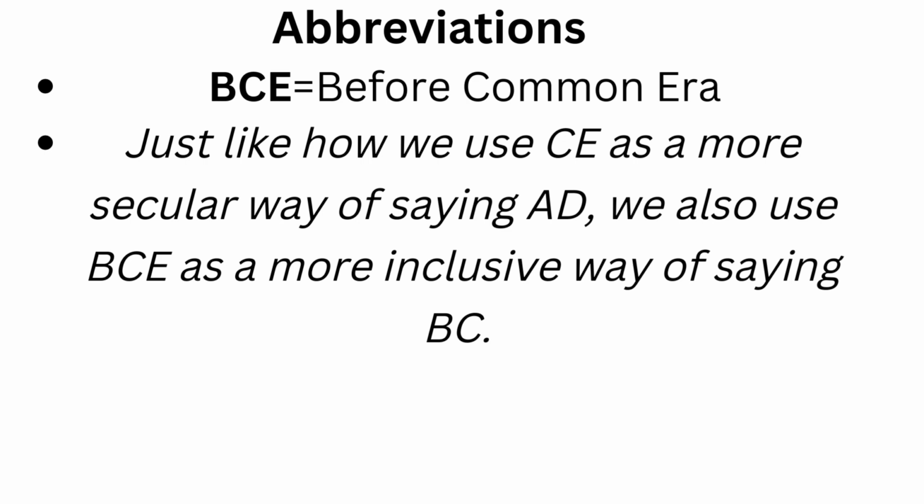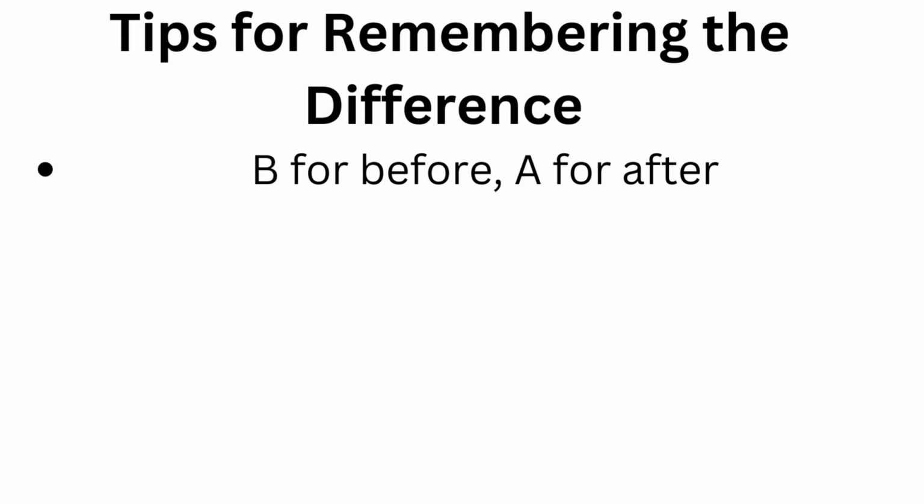And the reason for renaming is also the same, that is, to make it more inclusive and secular. The year 500 BC is the same as the year 500 BCE. A tip for remembering the difference is that B stands for before, and BC and BCE denote years before the birth of Jesus, and AD and CE denote the years after the birth of Jesus.